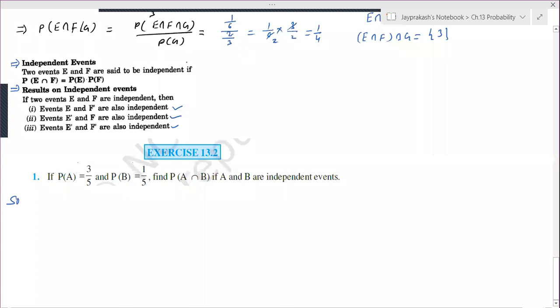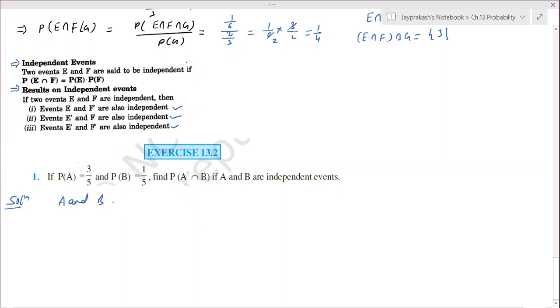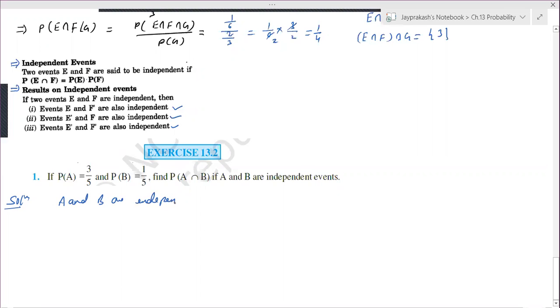So in the first question we have already discussed that if E and F are independent events. So here A and B are independent events.